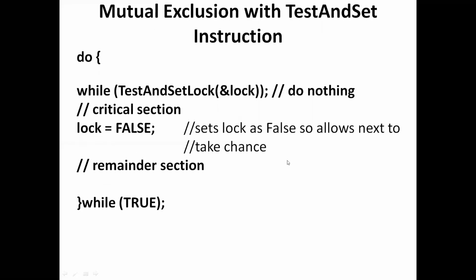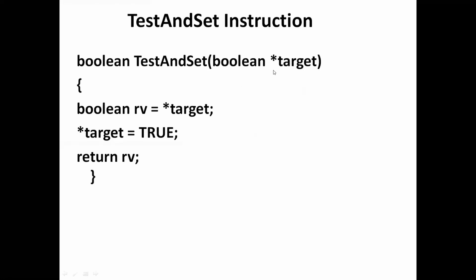Now we'll see mutual exclusion with the test and set instruction. Here we call test and set, passing the parameter lock, that is, the address of lock, to the test and set instruction.